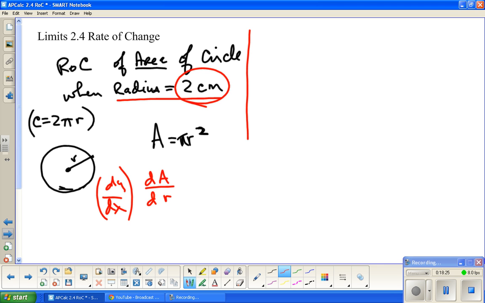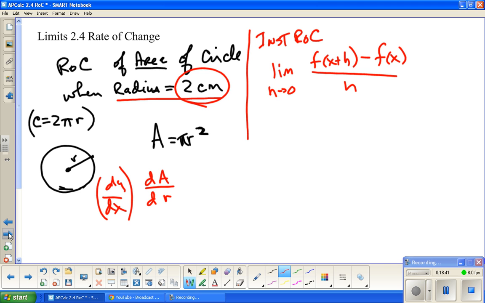We just have a single value, not 2. So we're going to be doing the instantaneous rate of change, the limit as h approaches 0 of f of x plus h minus f of x all over h. Now obviously the f of x is really A of r, or area with respect to r.